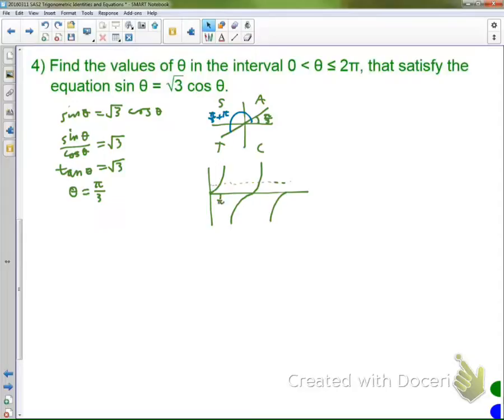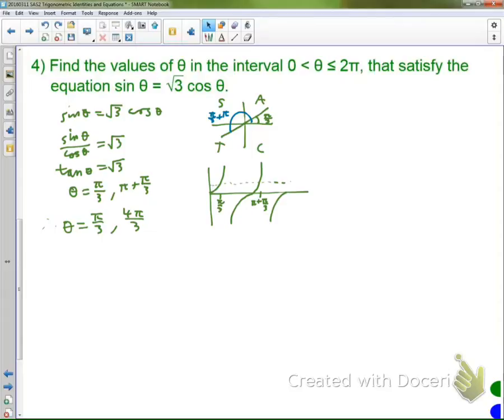So we get pi by 3 over here, and then over here we've got pi plus pi by 3. So our solutions are pi by 3 and pi plus pi by 3, but it's best to simplify your second solution in this case. So theta is equal to pi by 3 or 4 pi by 3.